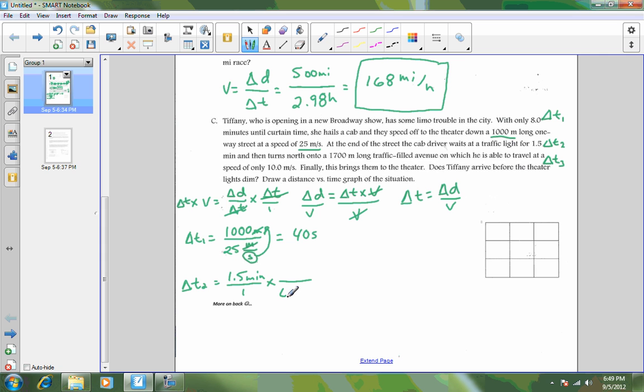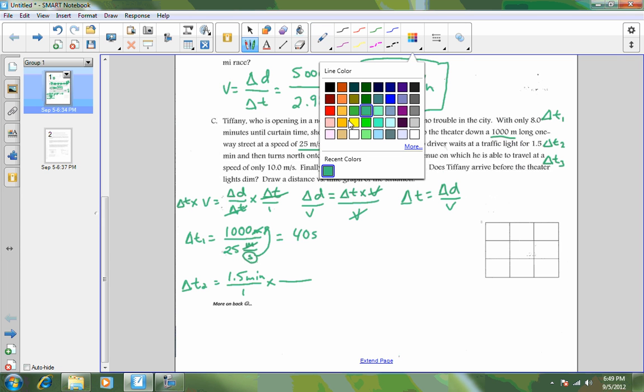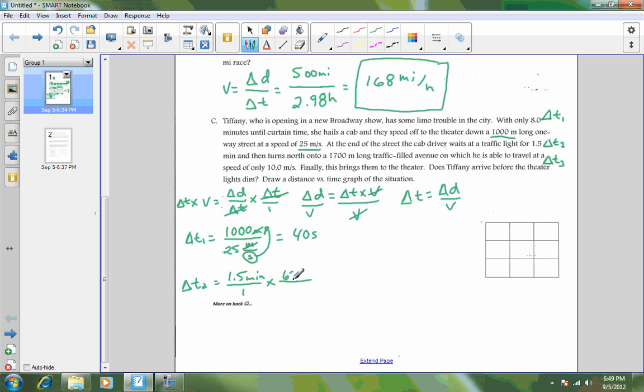I know that there are 60 seconds in 1 minute. Cancel out minutes. 1.5 times 60 seconds, and that'll give us 90 seconds for time interval number 2.